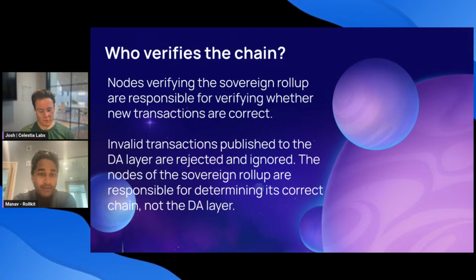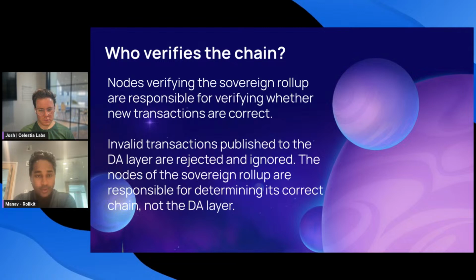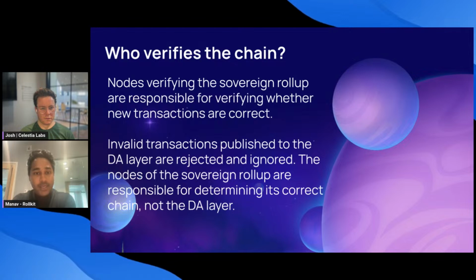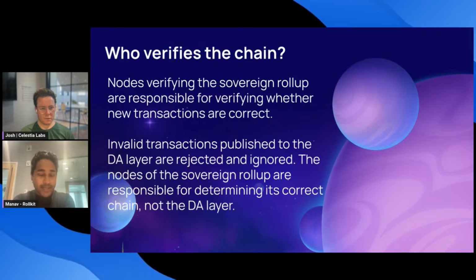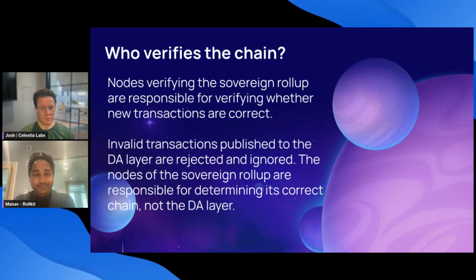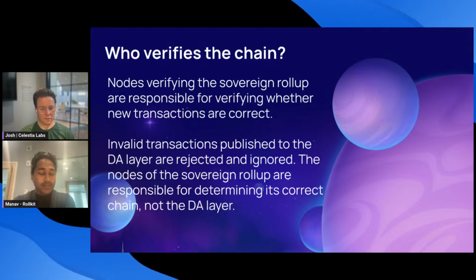In a sovereign rollup, the nodes of the sovereign rollup are responsible for verifying whether the transactions posted on the chain are correct. If any invalid transactions get published to the DA layer, they're rejected and ignored by those nodes. The nodes of the sovereign rollup are responsible for determining its correct chain, not the DA layer.